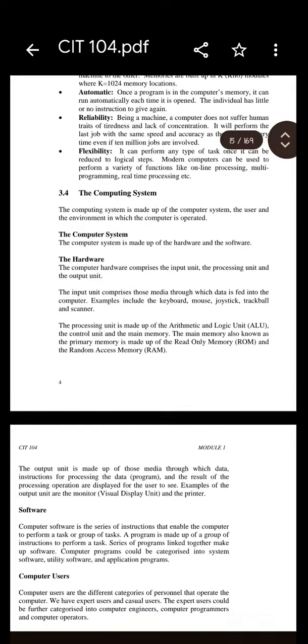They might ask us this. The processing unit of a computer system comprises 3 units. Number 1 is the ALU, which is the arithmetic and logic unit.